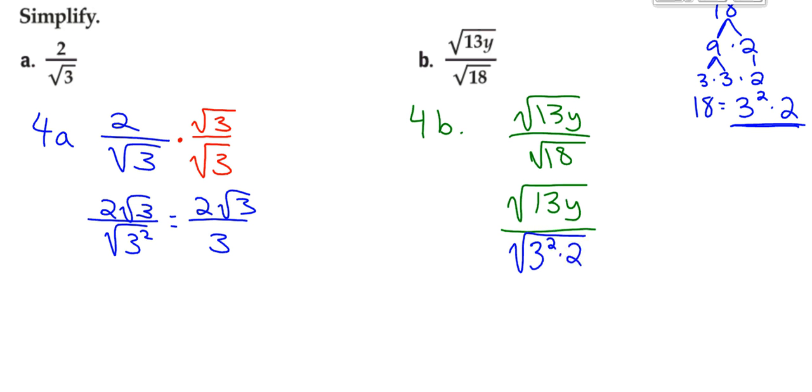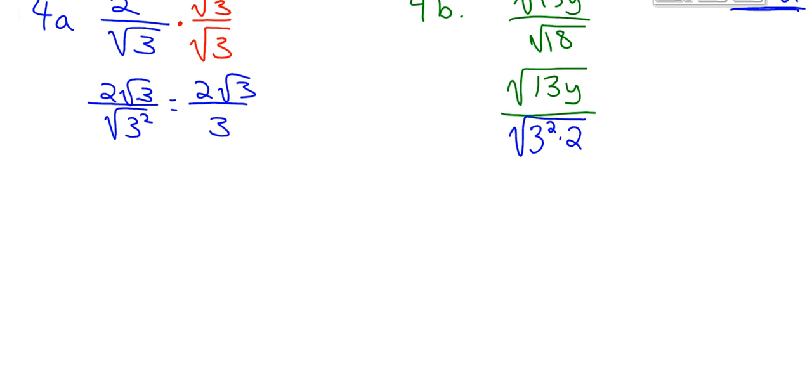And I'm just going to work down. So for this one, I'll still have the square root of 13y over. And then on the bottom here, I'm going to say that's the square root of 3 squared times the square root of 2. And the square root of 3 squared is plain old 3.